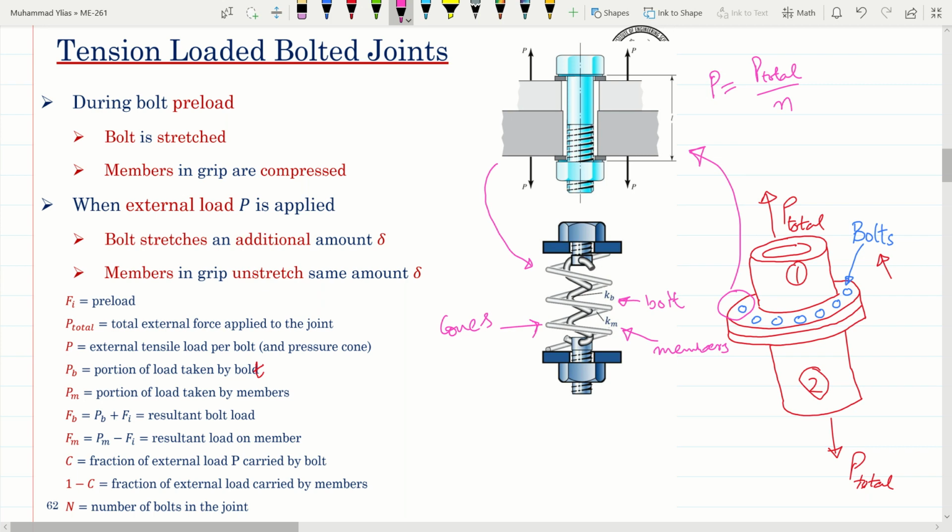Now, when we are applying a preload on the bolt, first of all, you can imagine that preload is necessary.